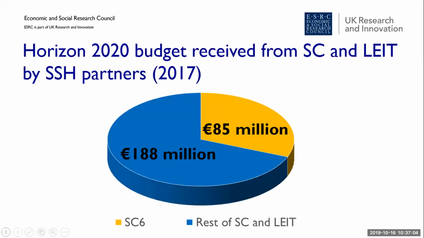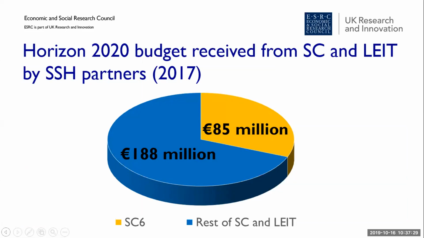Something I want to draw your attention to is from the fourth monitoring report, the SSH integration monitoring report, which I will link to at the end. It shows that I think 67 or 69% of the budget goes to SSH partners within Horizon 2020.